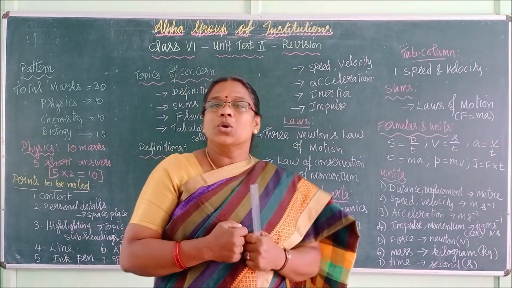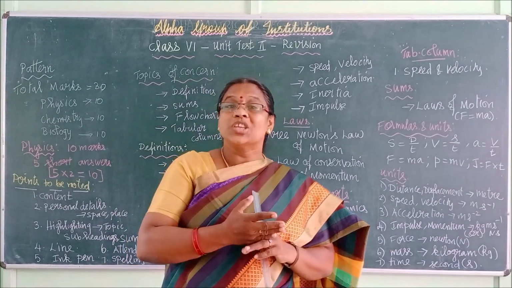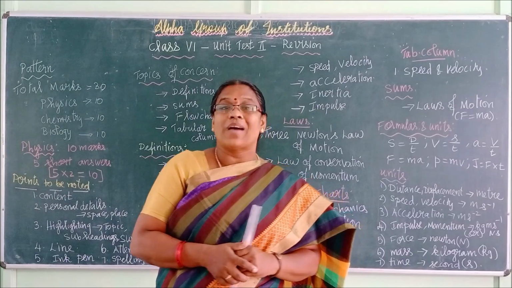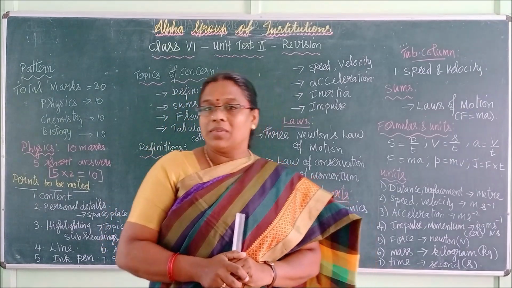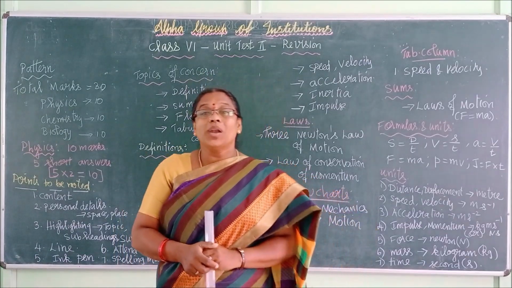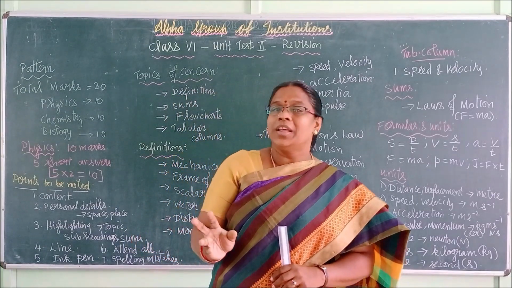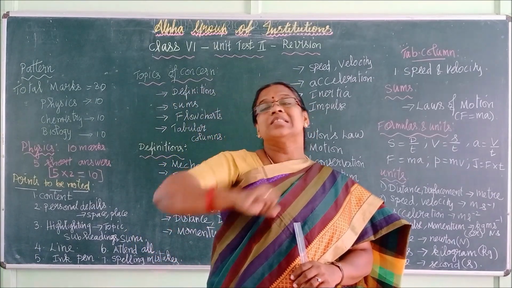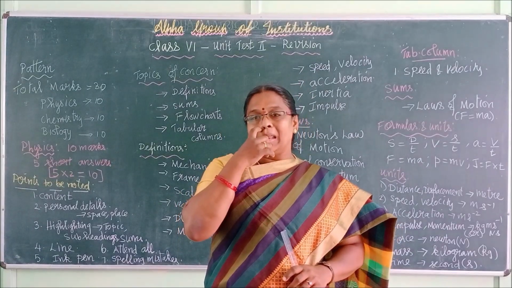When 2 bodies collide, when no external forces act, total initial momentum is equal to total final momentum. Right? One equation also I would have given: M1U1 plus M2U2 is equal to M1V1 plus M2V2. That equation takes half mark and the statement takes 1.5 marks. So both are very important.